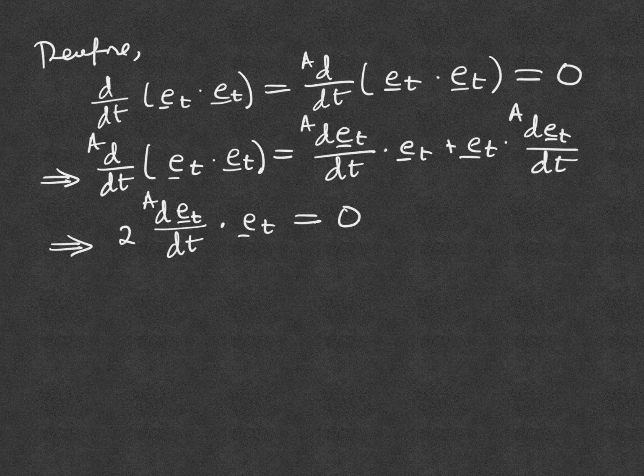So then we can drop the 2 to give that det dt in A dotted with ET is equal to 0.